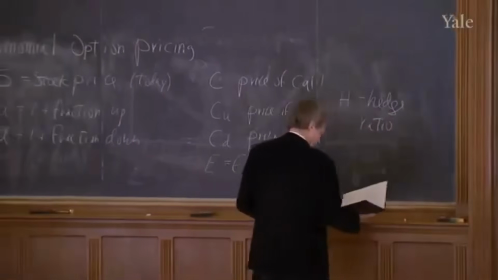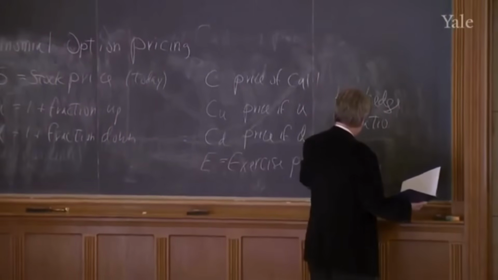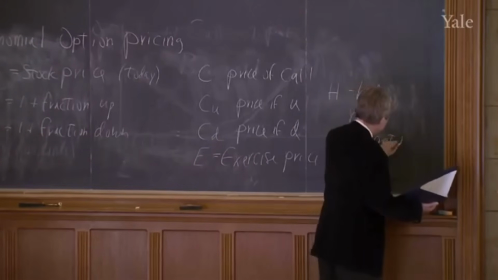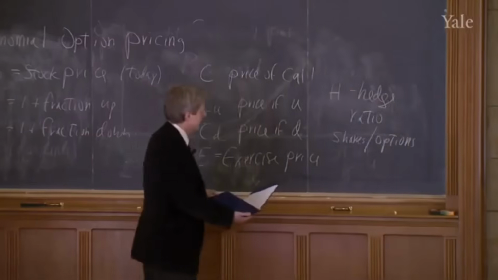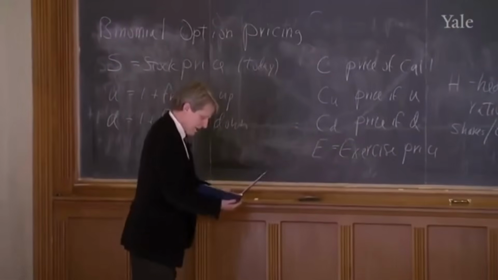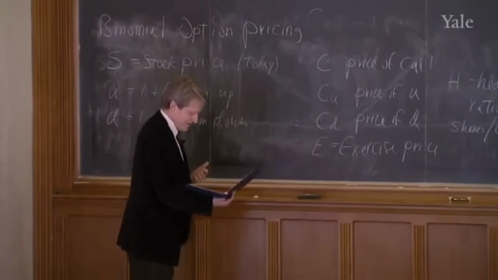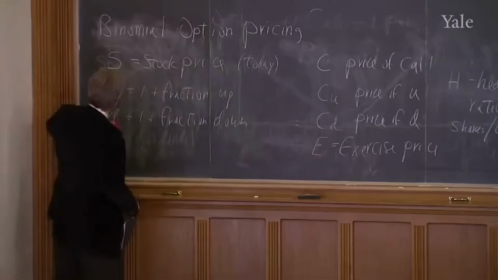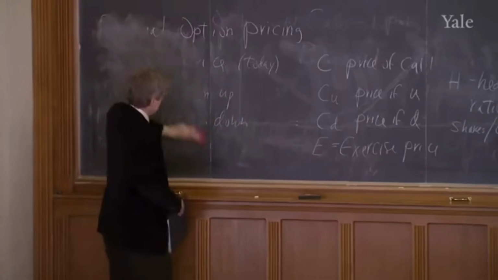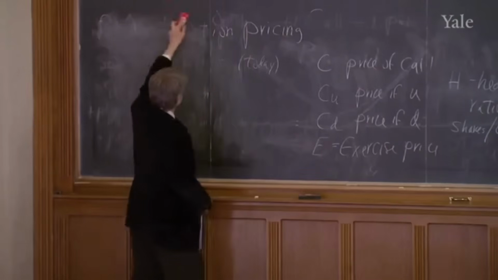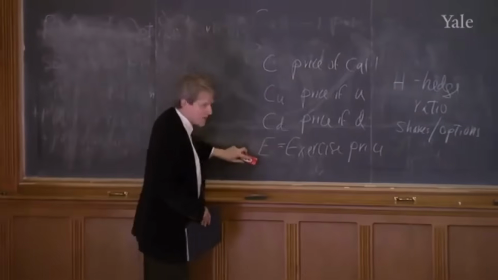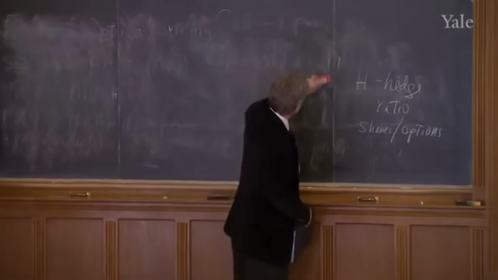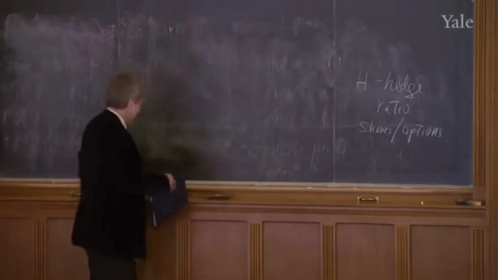Each option is to buy one share. Okay, so what I'm going to do is write one call and buy H shares. So let me erase this and start over again. I'm on my way to deriving the option's price for you. And it's a little bit of math.